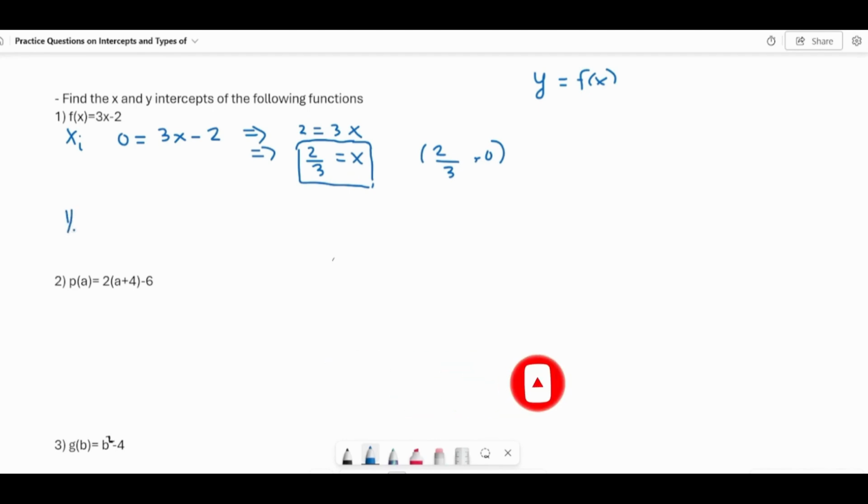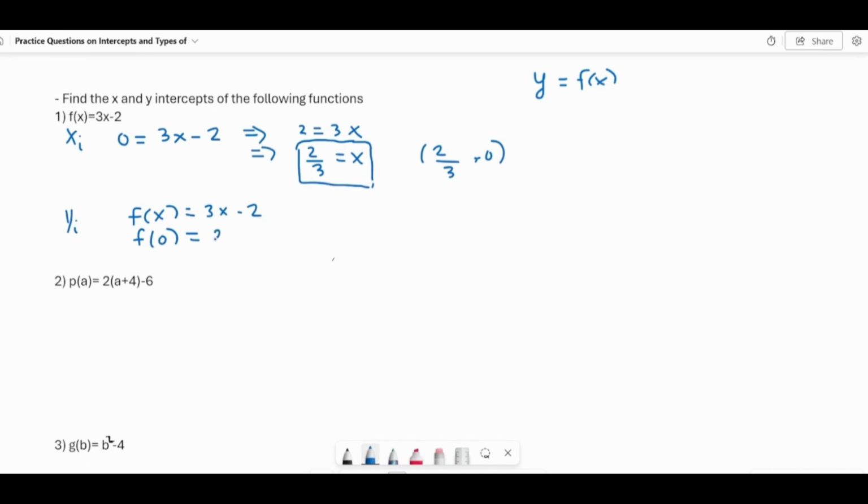Now to find the y-intercept, we have to remember that in the y-intercept the x-coordinate is always 0. So the original function is f of x equals 3x minus 2, and I just said that the x, or we basically say the input, is always 0. So all you have to do here is replace the input with 0.